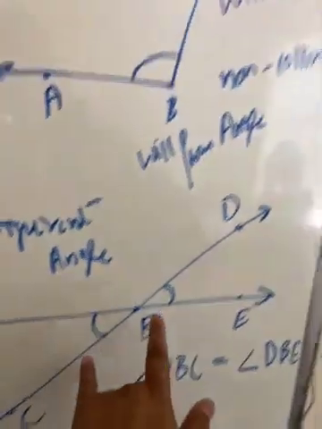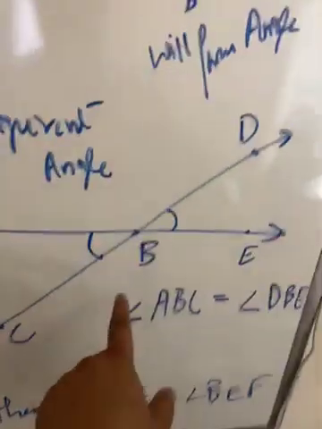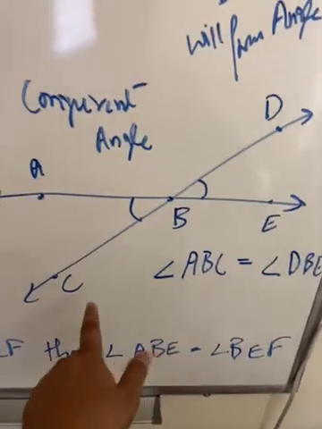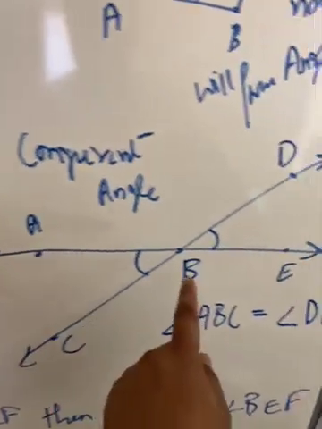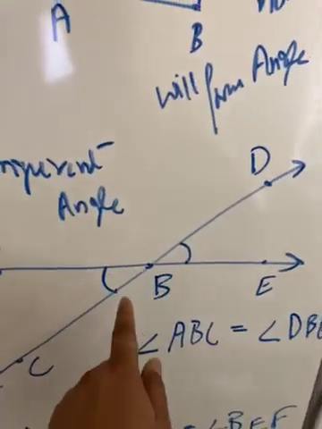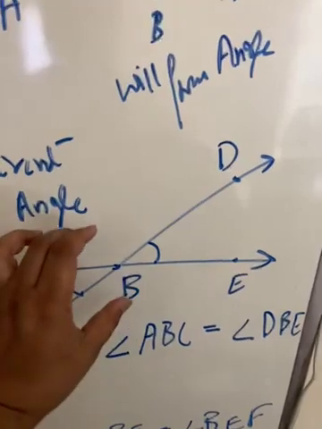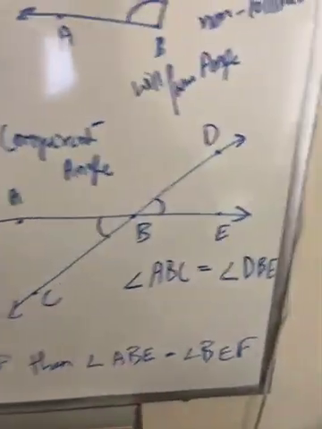Based on that, they are congruent angles. Because these two are the same, then angle CBE and angle ABD will also be the same. I'm talking about this angle and the other side, this angle. That's what is called congruent angles. This is with one line.